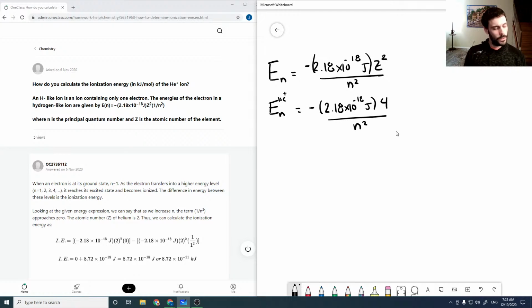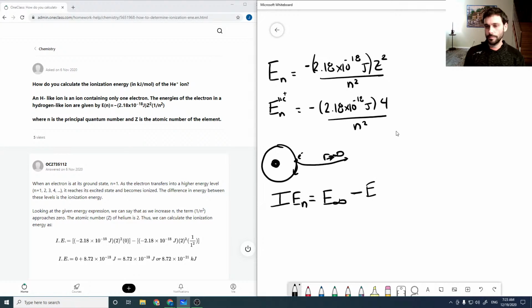Okay, so ionization in a simplistic picture, if this is the nucleus and this is our electron orbiting, ionization is just the energy difference in taking the electron to infinity. So removing the electron from the atom, or in an equation form, ionization energy is just the energy at infinity minus our end state energy.